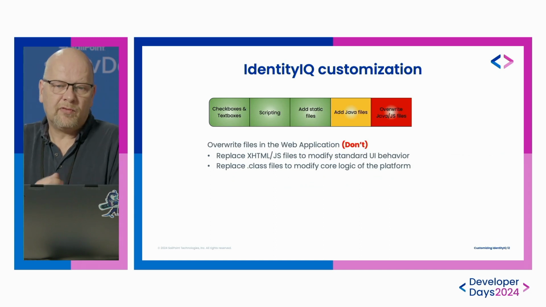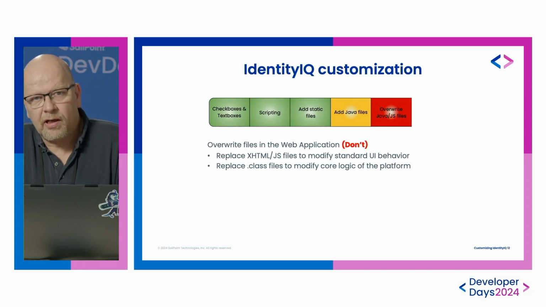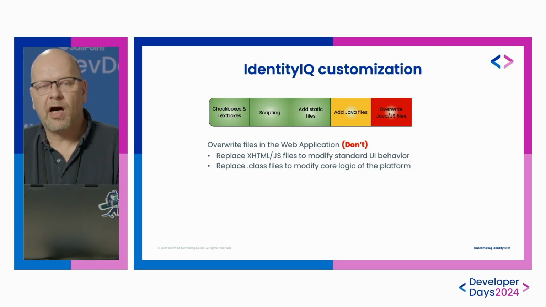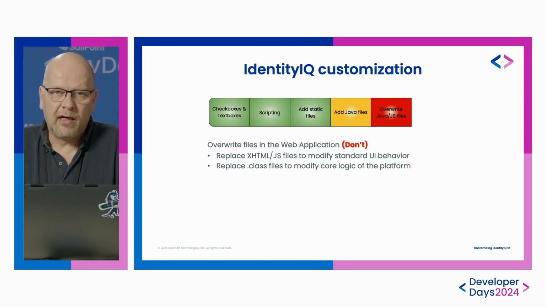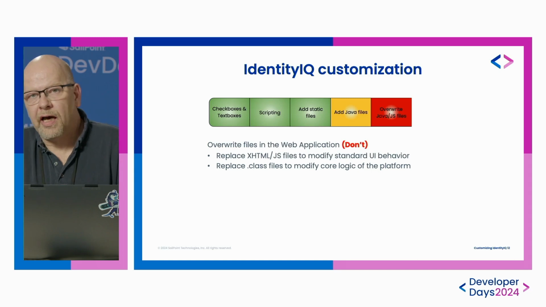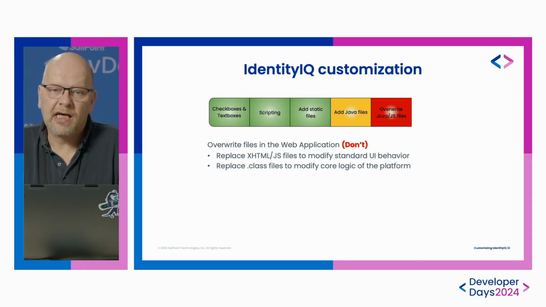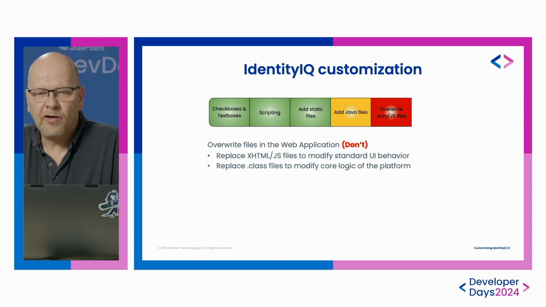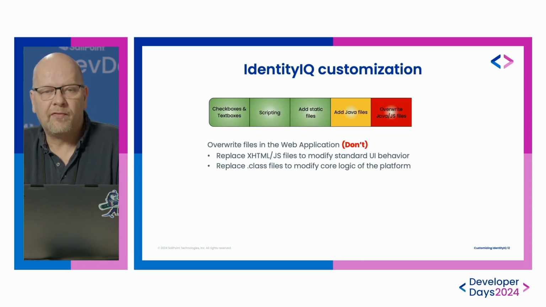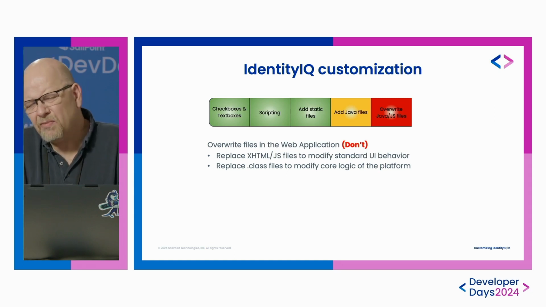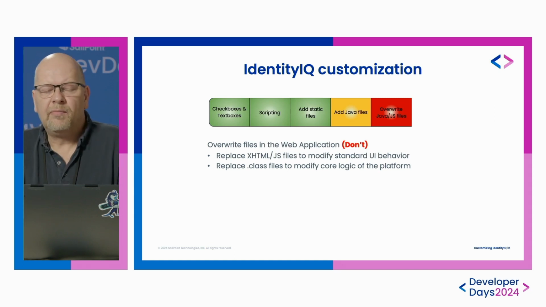It's also possible to change all the files from IdentityIQ itself, change the jar files provided by IdentityIQ, or add some custom XHTML files, or adjust the JavaScripts provided. If you want to do that, yes, you can, but it's not advisable, basically because if you change those kinds of things, it's just hard.